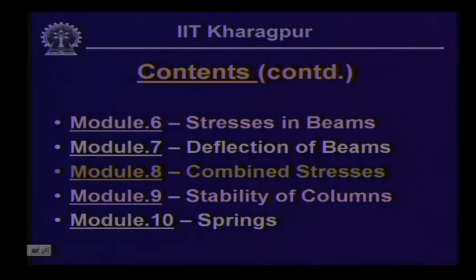Module 8, which is on combined stresses, will have 3 lessons, and module 9, which is on stability of columns, will have 2 lessons, and module 10 on springs will have 2 lessons. So, in these 10 modules we expect to cover around 40 lessons, in which the basic aspects of strength of material are going to be covered.